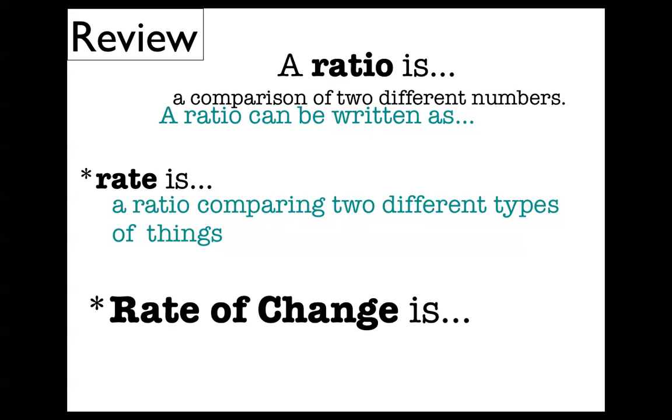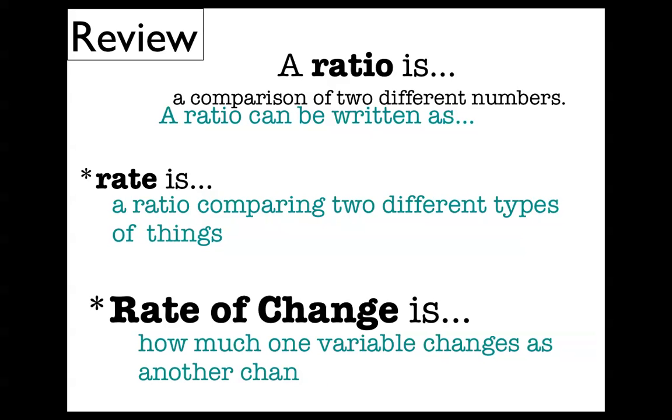And then a rate of change, which is the whole point of this video, is how much one variable changes as another changes, like how the amount of Pokemon cards changes over time, or how the distance that you travel in a car changes over time.